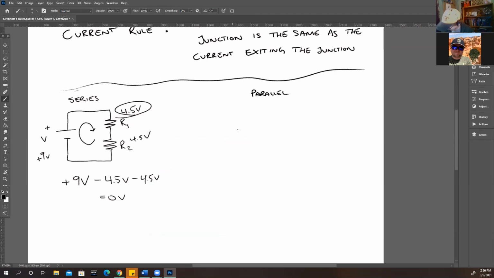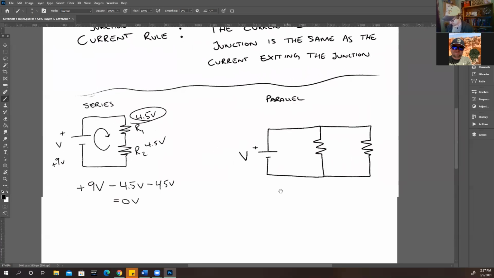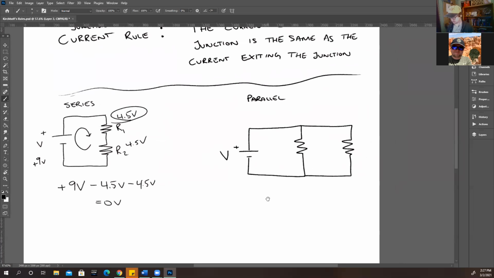And from last week, I made this arrangement right here. Let's also look at the voltage rule for this parallel case.